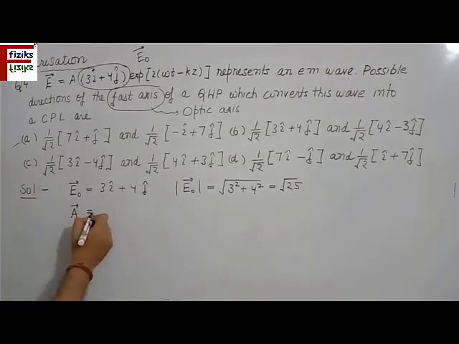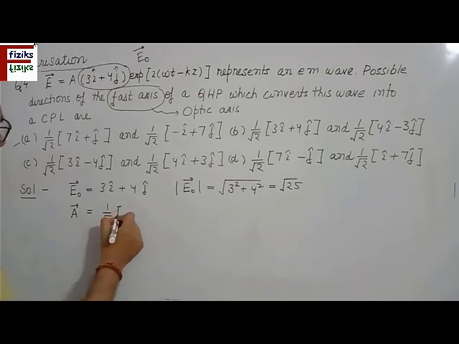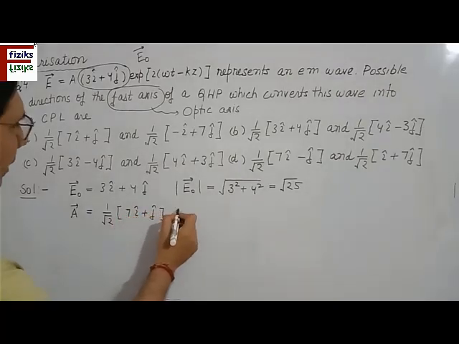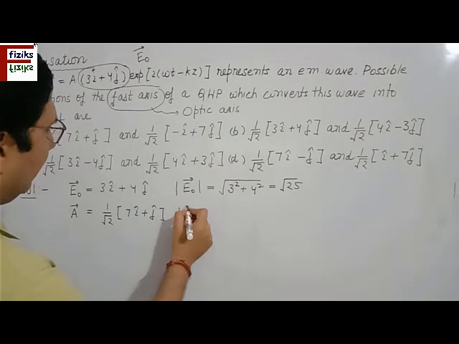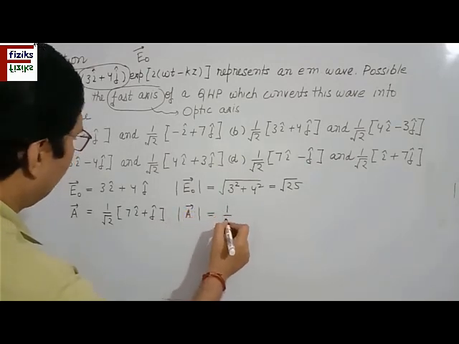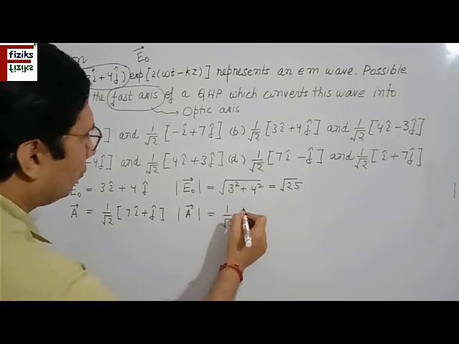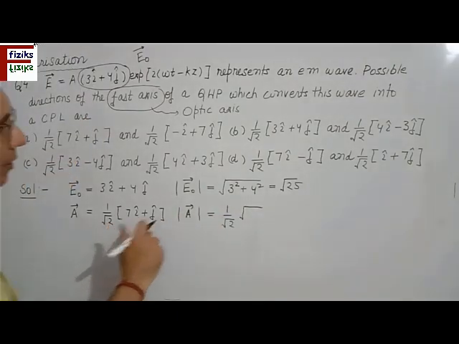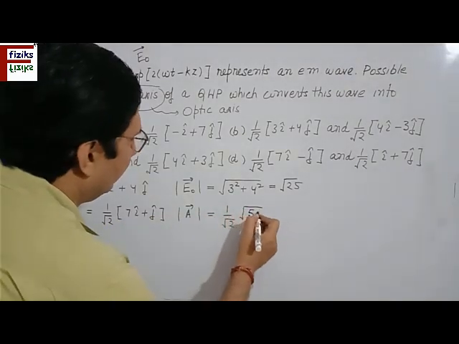A vector is equal to 1 upon root 2 times 7i plus j, and its mode will be equal to 1 by root 2 square root of 7 square, 49, plus 1, this will be 50.